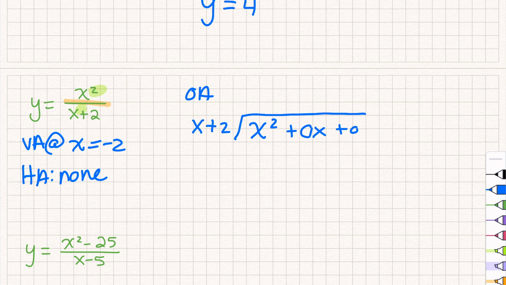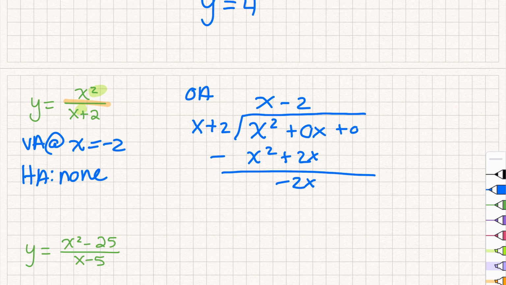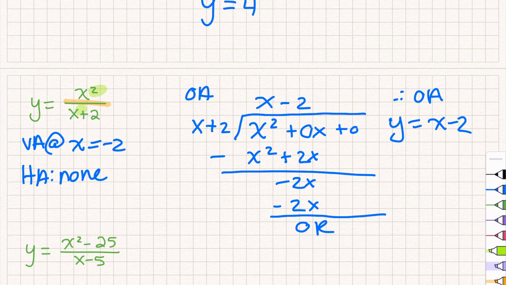So when we divide, we get x, and then x squared plus 2x, and then we subtract, and you get negative 2x, then multiply, and you get negative 2x, 0 remainder. So you're going to have an oblique asymptote at y equals x minus 2. So this is your oblique asymptote.